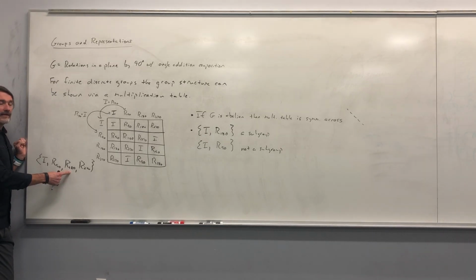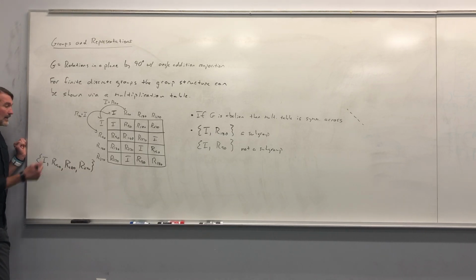What about R180? If I take R180 by itself and compose it with R180, what do I get? The identity, yay! What if I compose that with R180? I get back to R180. So I'll never get either of these from R180. What about R90? If I take R90 with itself, R90 with this new element, R90 with this element.